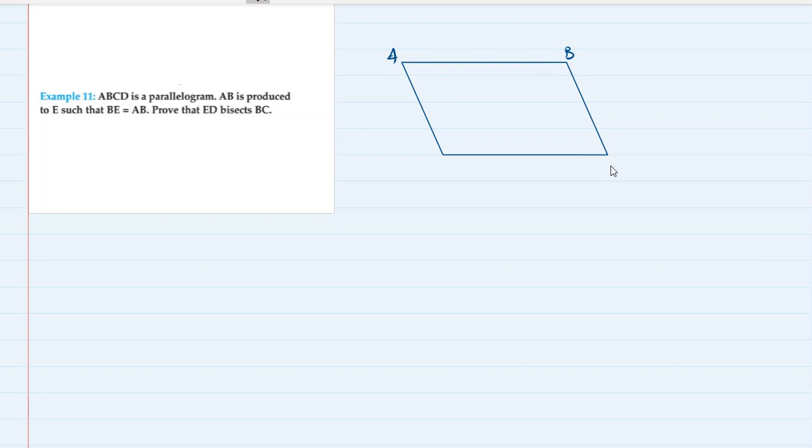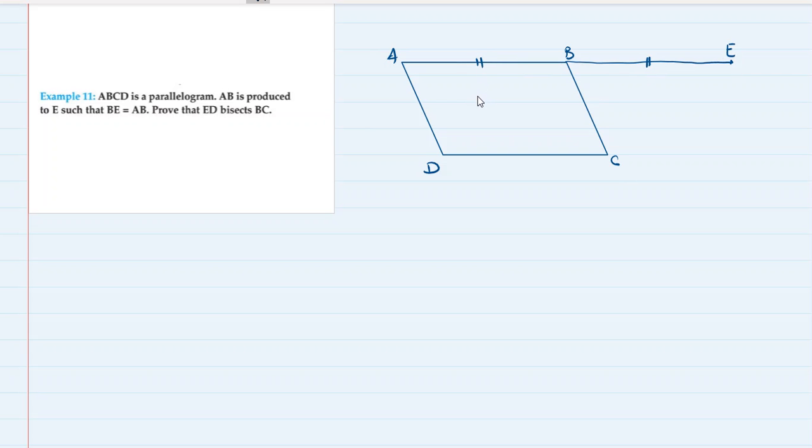ABCD is a parallelogram. AB is produced to E such that BE is equal to AB. So this line is produced further to this point E such that BE and AB are equal.